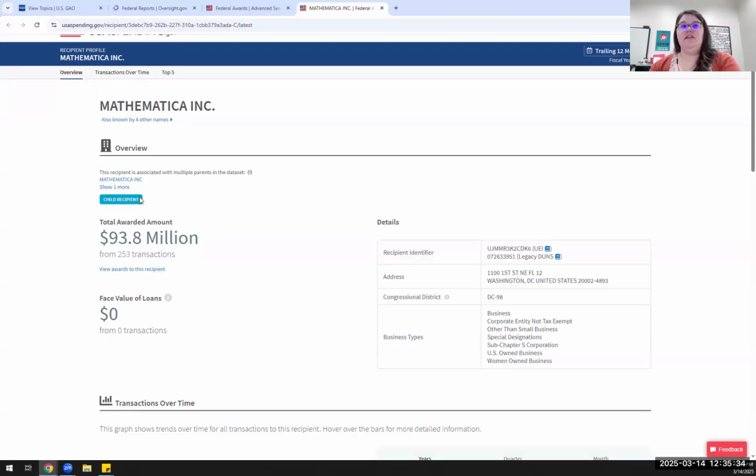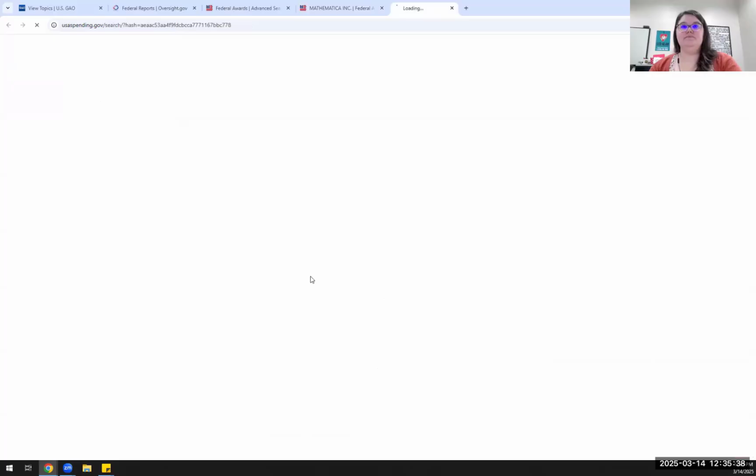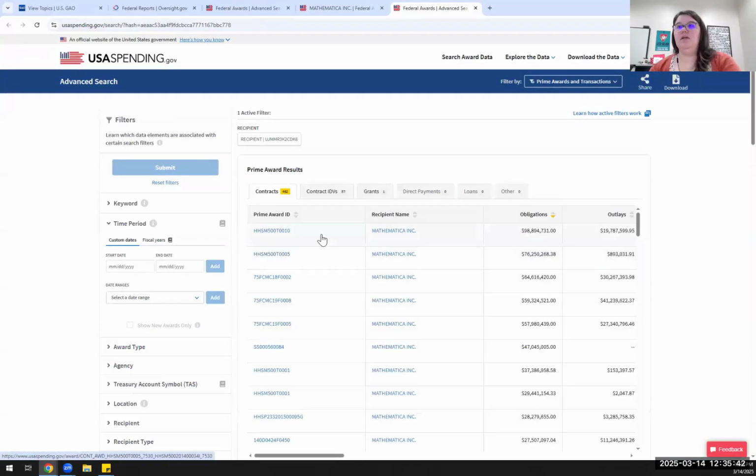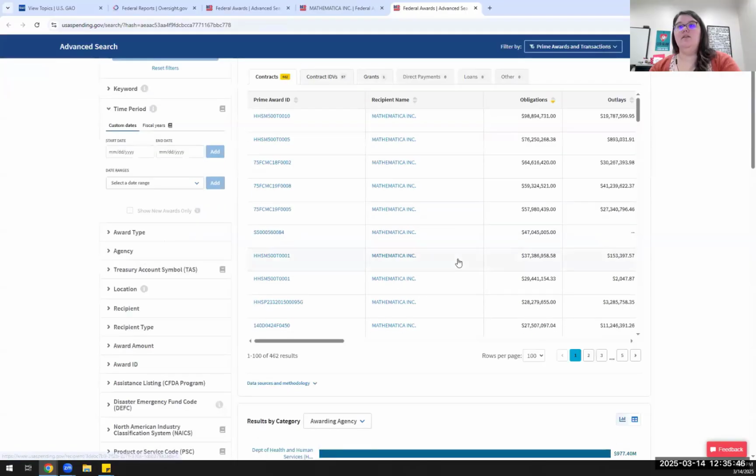You can even see if there are recipients under this, and sometimes even the individual transactions. So again, here are all the different awards that have gone to this particular entity here.